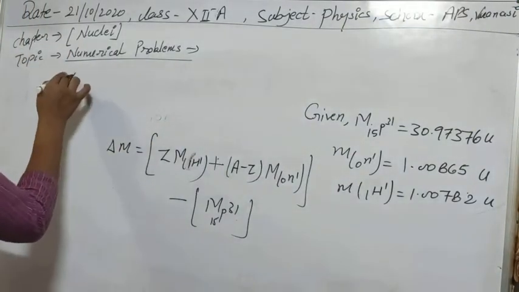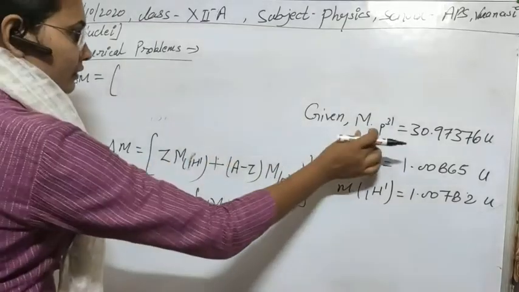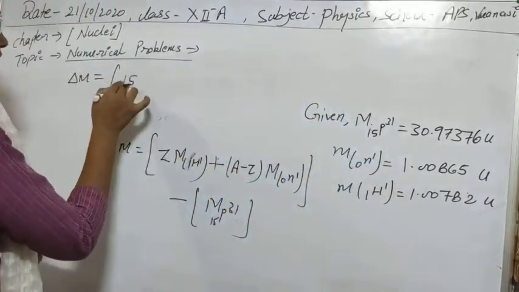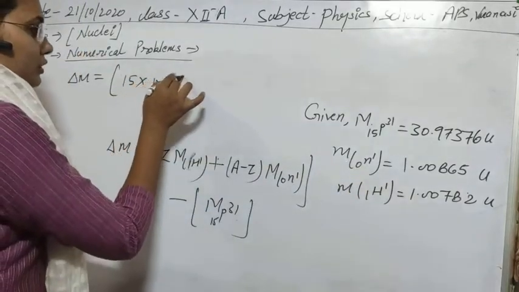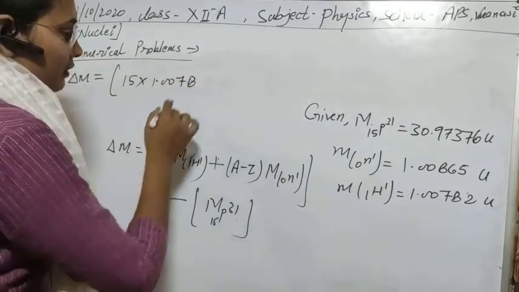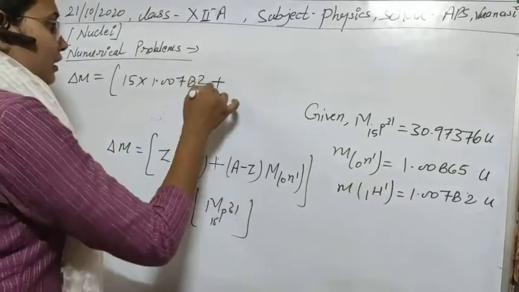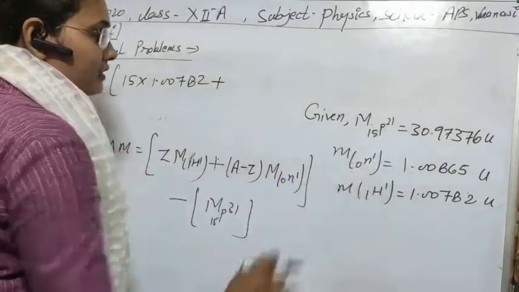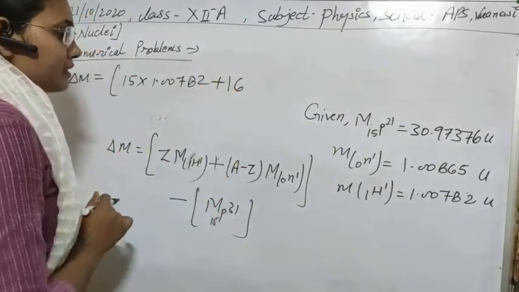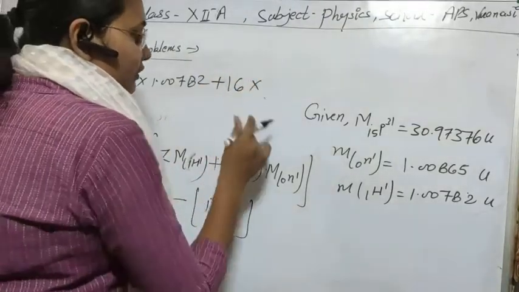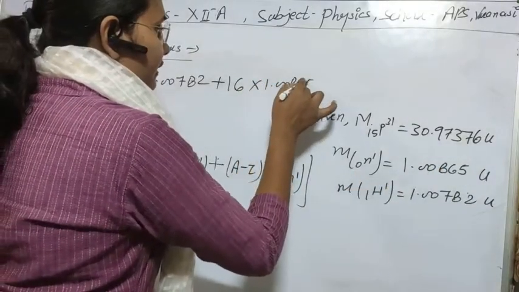By using this formula, Δm will be the number of protons here, that is 15, into the mass of one proton, that is 1.00782 atomic mass unit, plus the number of neutrons, which is 16, and the mass of neutron is 1.00865.